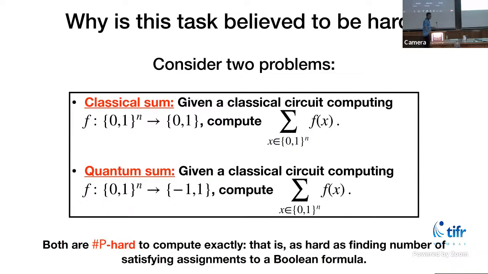What you can figure out is that both of these problems are #P-hard to compute precisely. What is #P? For the purposes of this talk, let's just say it's some complexity class that's not believed to be solvable in polynomial time. It's like counting the number of satisfying assignments to a Boolean formula. Both these tasks are hard. They capture the power of #P problems.